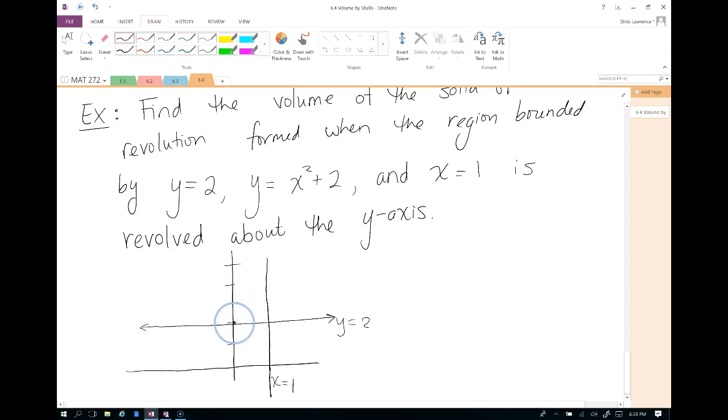It goes through the point (0, 2). And then if we plug in 1, we get 3. And if you connect them, this is the region that ends up being enclosed. Now, y equals x squared plus 2 does extend to the other side, but nothing is going to get enclosed on the other side. We need that x equals 1 to help us actually enclose something.